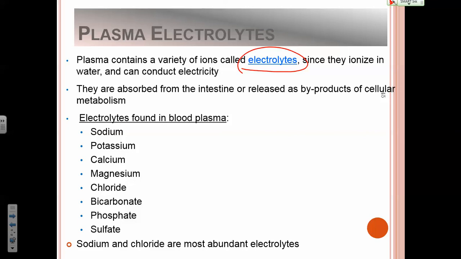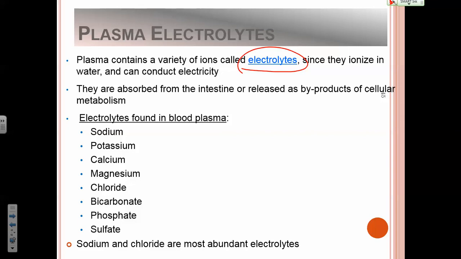But they need to be in your blood, available to your cells, because all of these electrolytes are used in various chemical processes in your cells. So really, you don't need to know anything about this slide as far as questions on the test, other than that you have a lot of electrolytes dissolved.